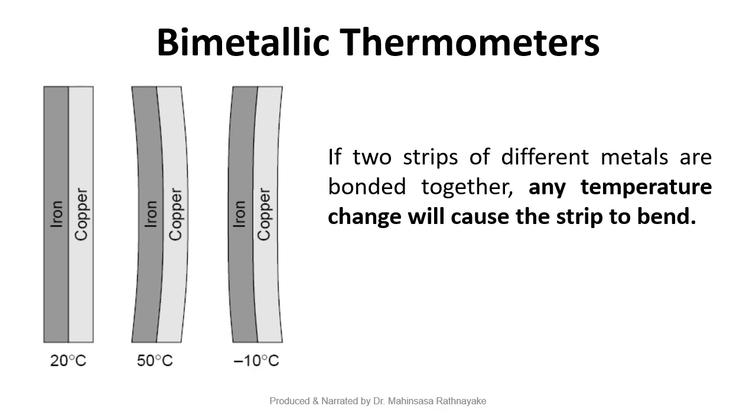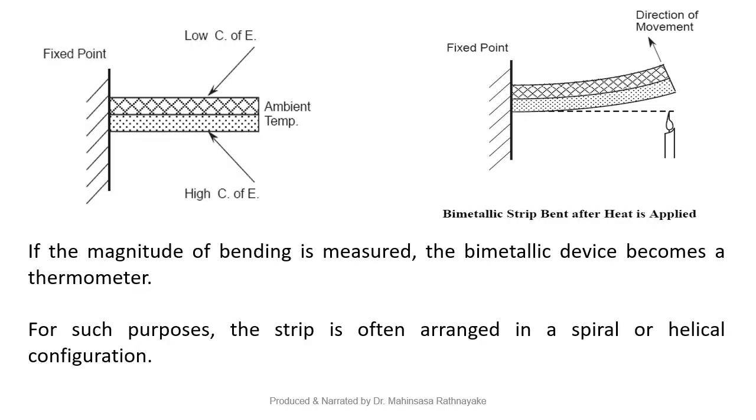So this action can be used to measure the temperature. The magnitude of bending can be arranged to a temperature scale with the proportionality between the magnitude of bending and the temperature.